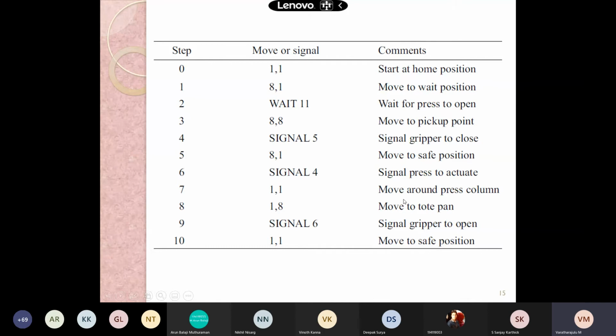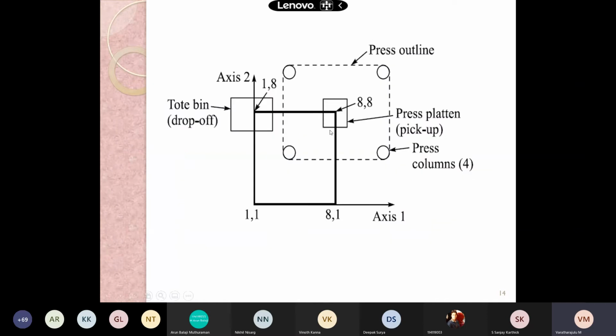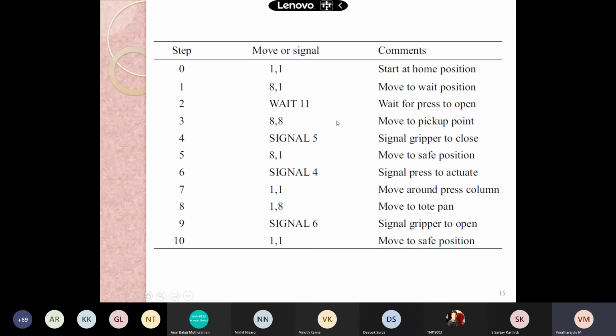In order to open the end effectors we are giving wait 1 1, and then 8 8 move to the pick up point, and then gripper close.